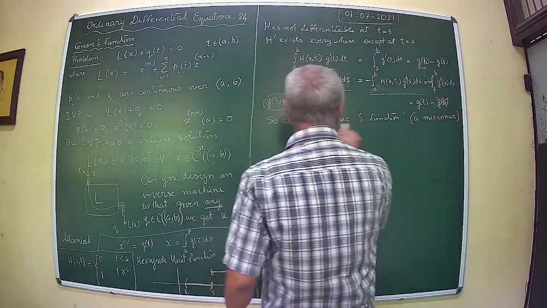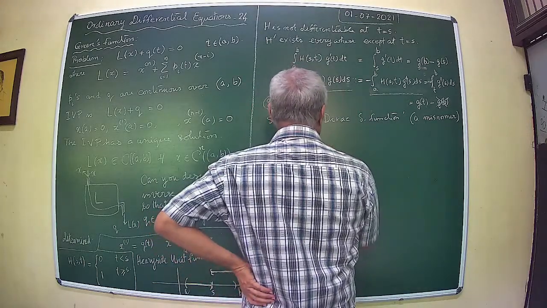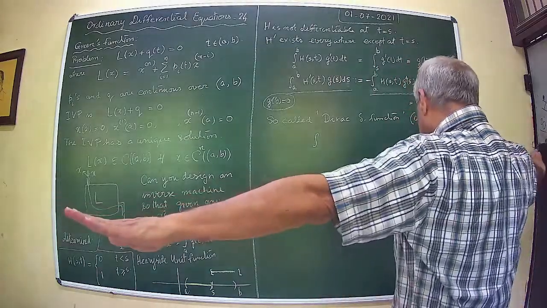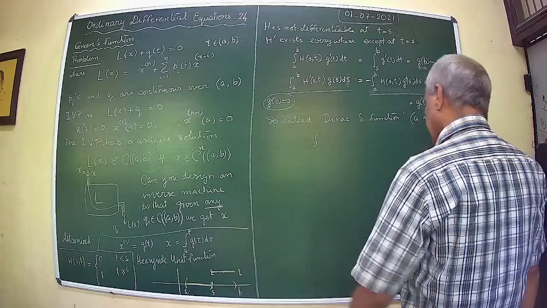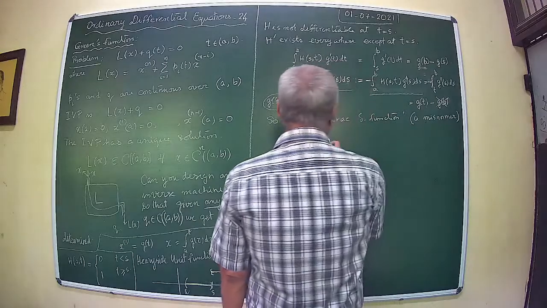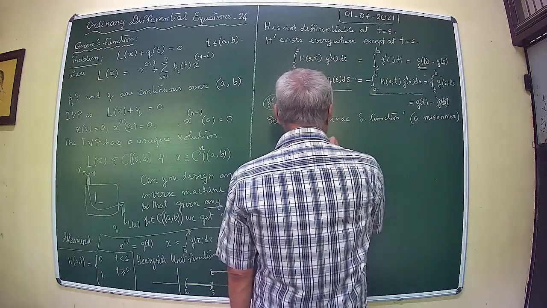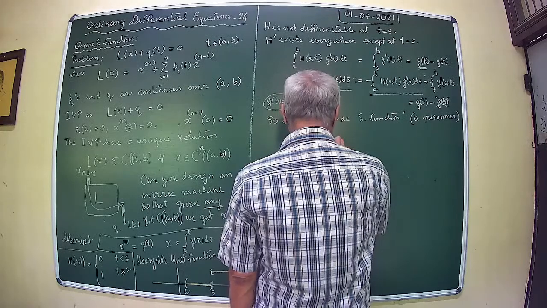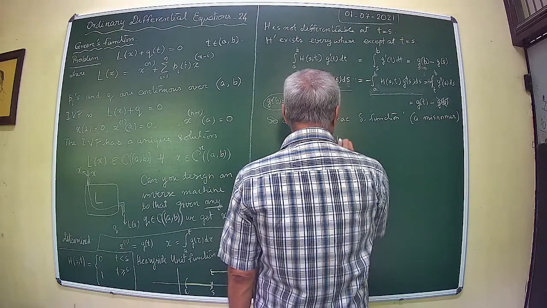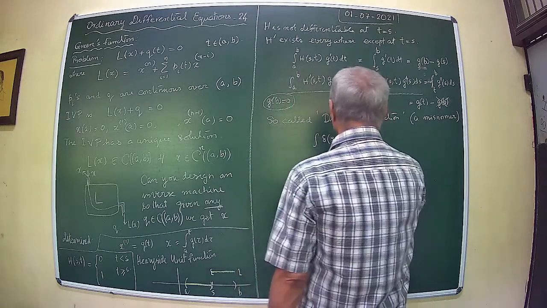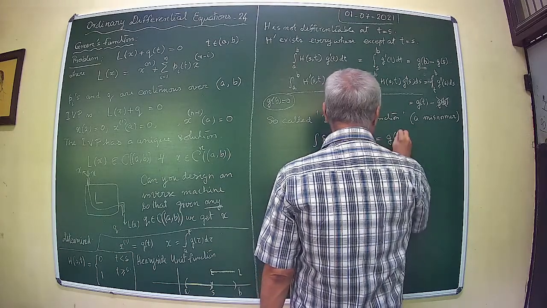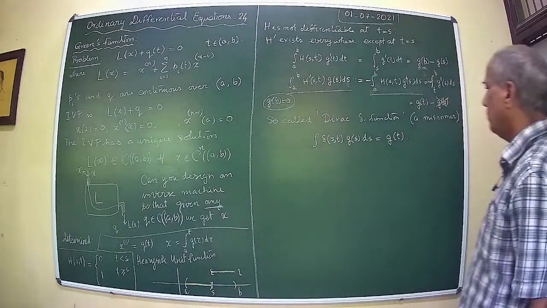And this function was considered, at least by physicists, as something which is identically 0 everywhere except at the point t equal to s, where it was considered 1. And this is the primary property that I have taken, namely that delta picks up the value of the function at t.